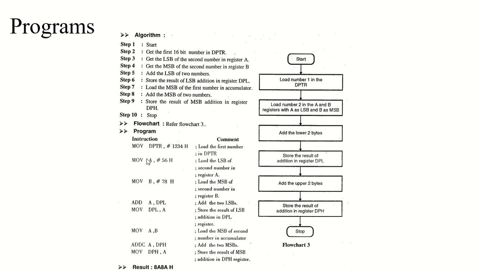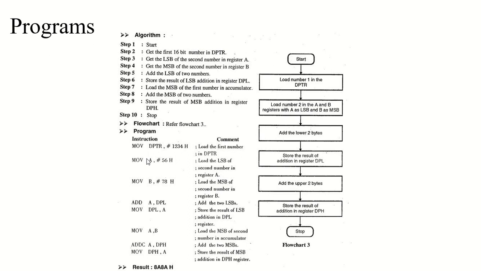We will store the first number in the data pointer and the second number in the A and B registers, with the accumulator holding the least significant byte, or LSB, and register B holding the MSB of the number.